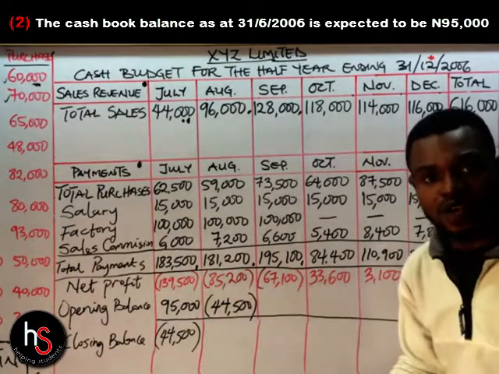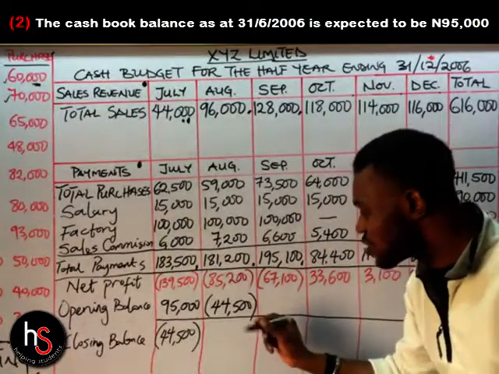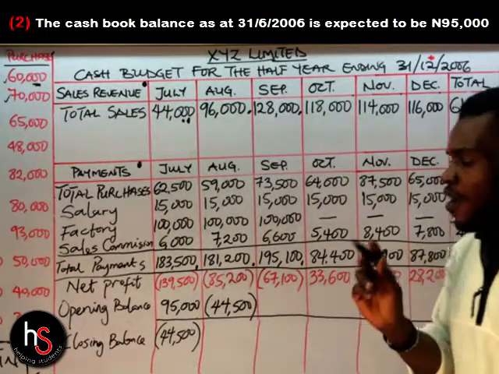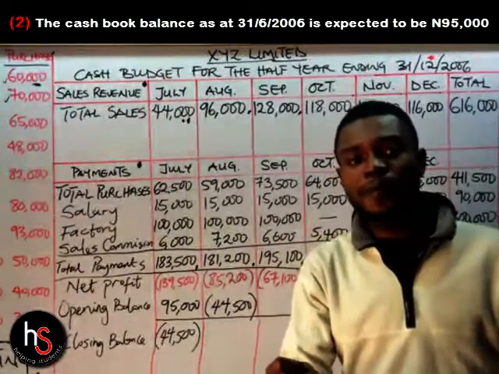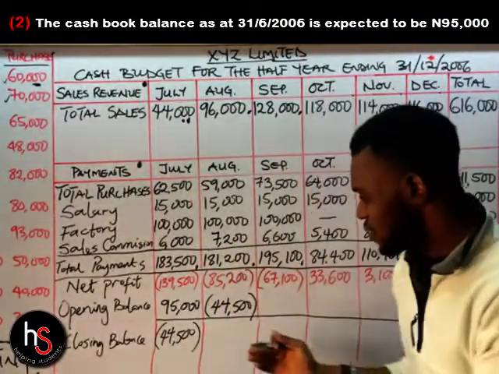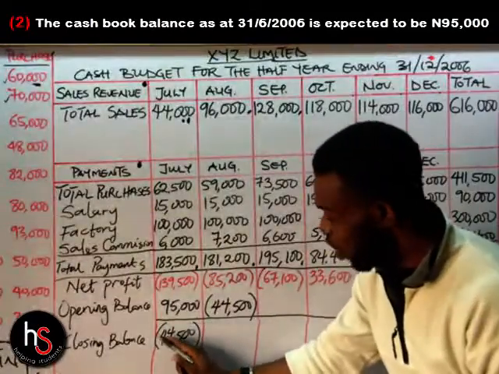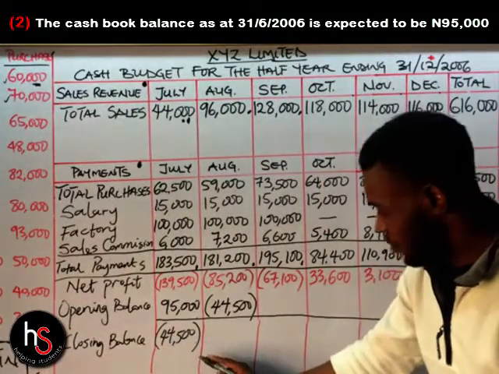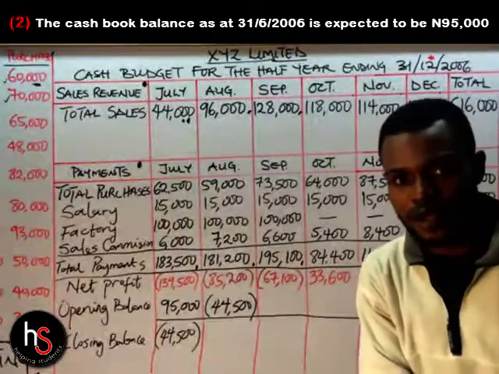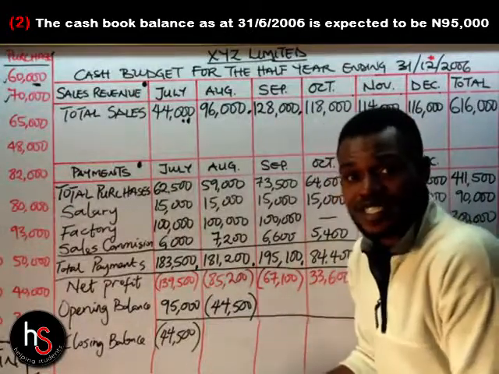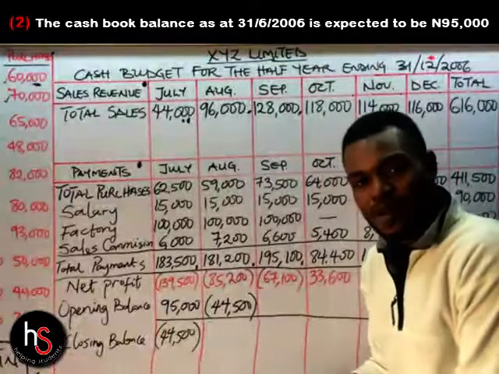So what do we do now? Minus 85,200 plus minus 44,500. Remember I told us that the opening balance will be added. But looking at the entry from this budget, we already have a minus sign. So the best way for you to understand what is happening is exactly what I'm explaining.